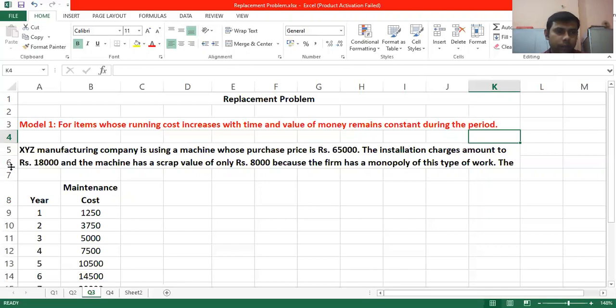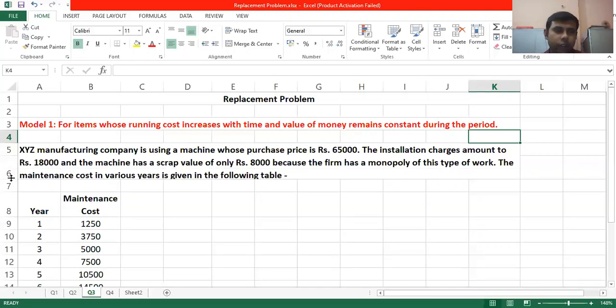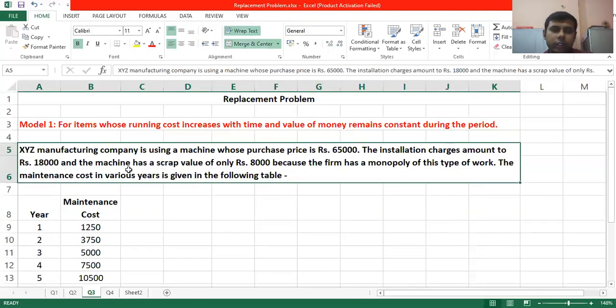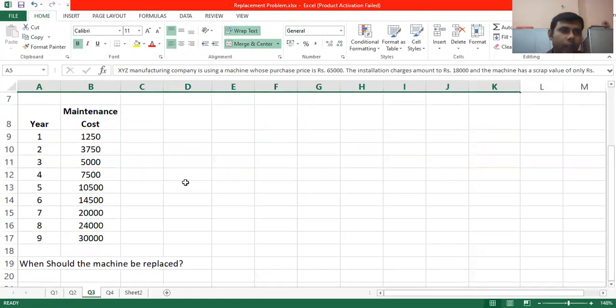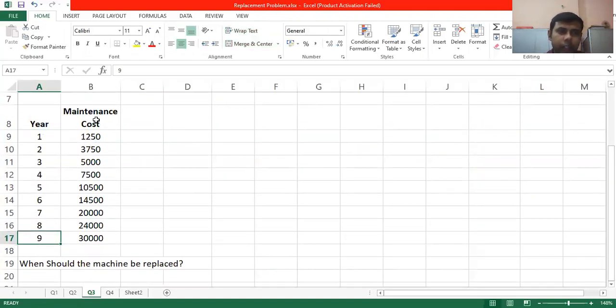The maintenance cost in various years is given in the following table, right? So a table is being framed which talks about years from 1 to 9 and maintenance cost corresponding to each year, that is from first year to ninth year.